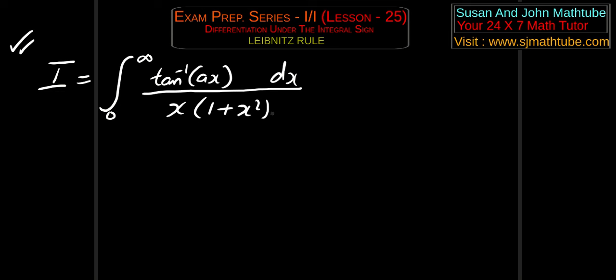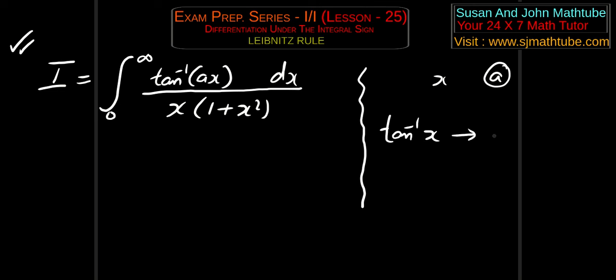So as always, the variable of integration is x and the parameter is a. So I'm planning to differentiate with respect to a. But before that, let's make a few things very clear so that even the weakest of the weakest students will find it comfortable.